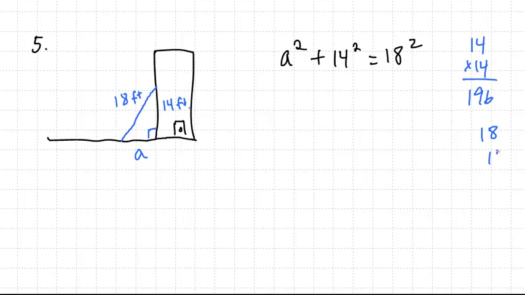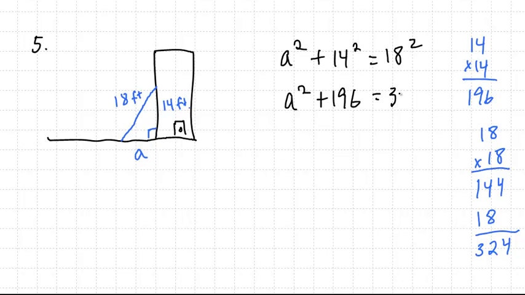I don't know what 18 times 18 is. See, 8 times 8 is 64. Carry the 6. 8 times 1, so 144. This should just be 18, so this comes out to 324. Okay, so A squared plus 196 is equal to 324.